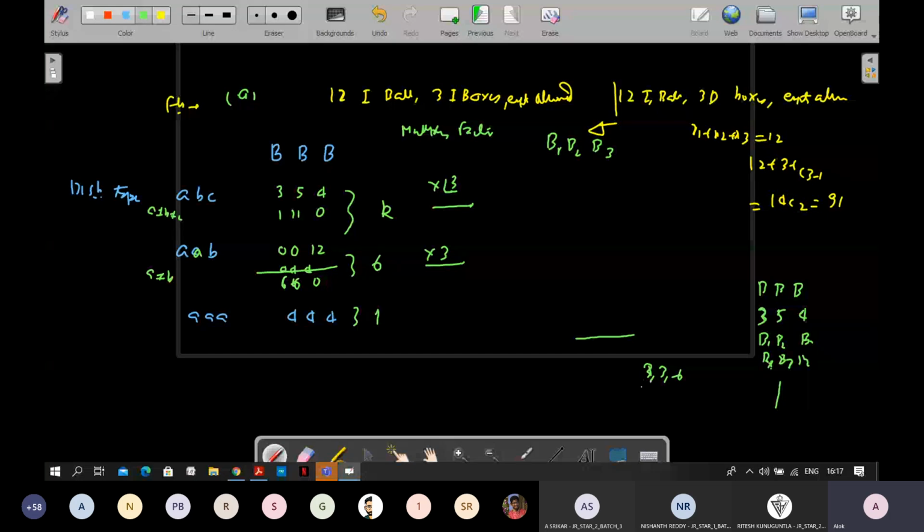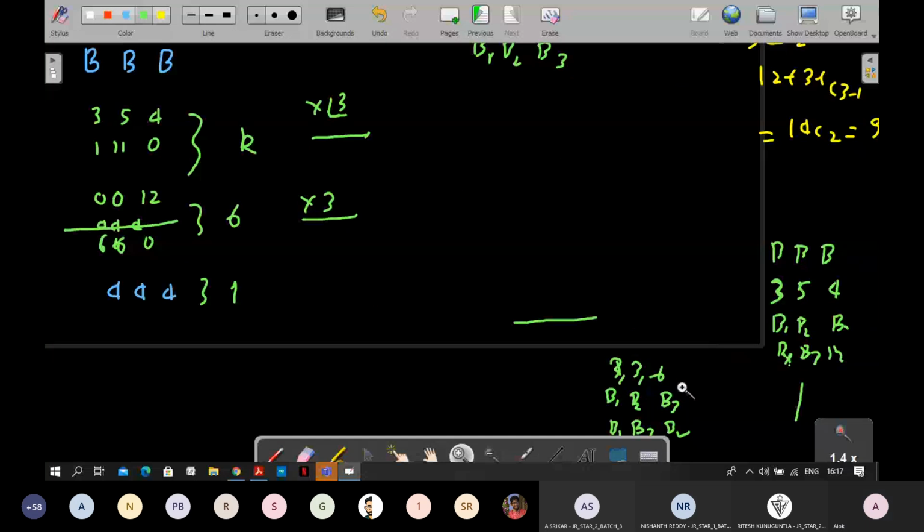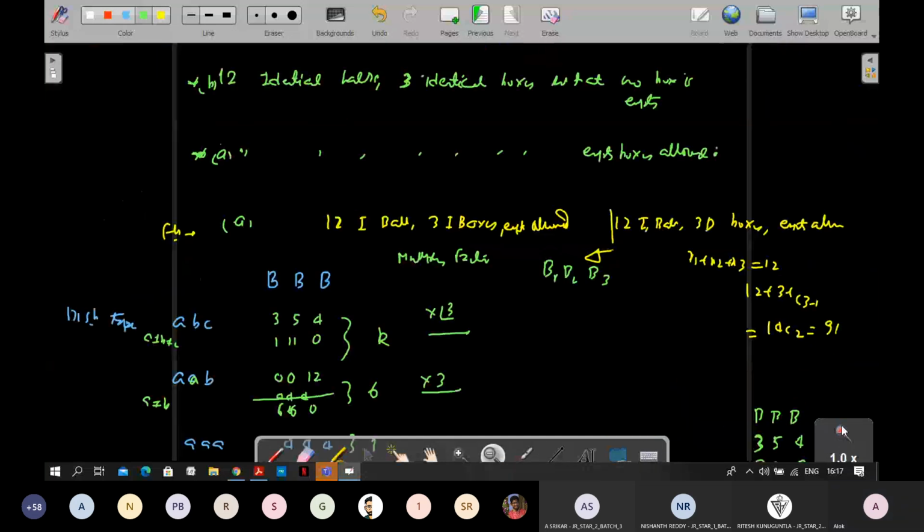So the moment you write labels on it, you can write B1, B2, B3. Then you can write B1, B3, B2.